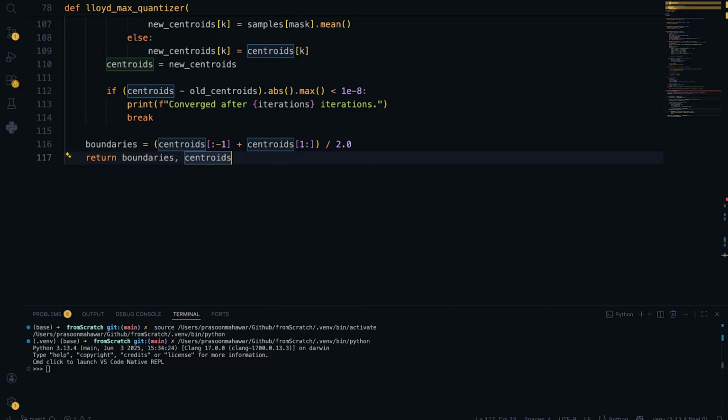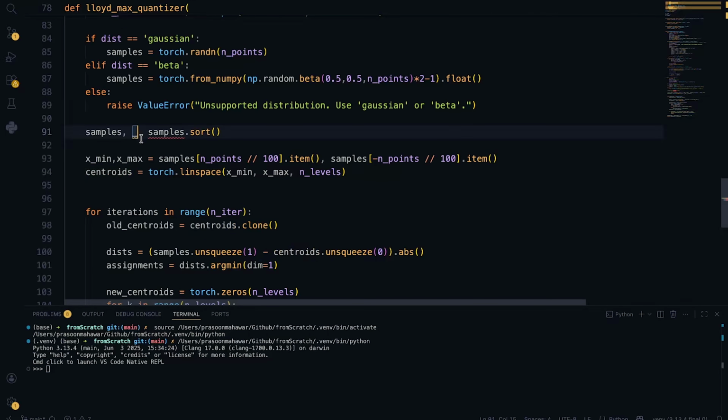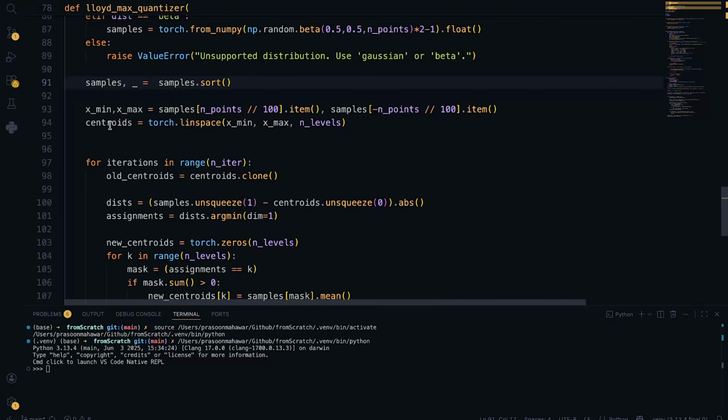So let's walk through this carefully. I forgot the equal to. Yeah. So the samples equal sample dot sort. We sort the sample from the distribution. This makes the Lloyd-Max iteration cleaner to implement since assignments will be contiguous. Then the centroids equals torch dot linspace.